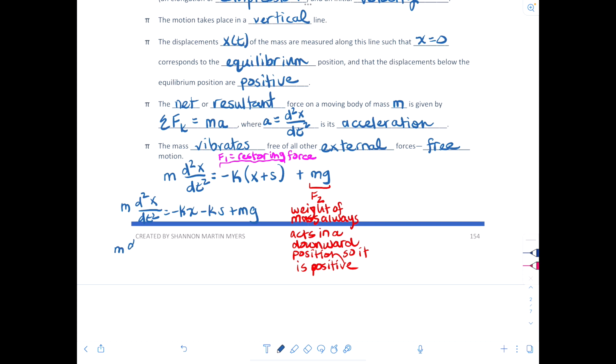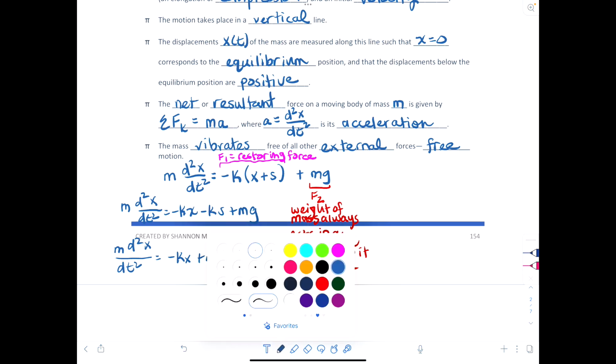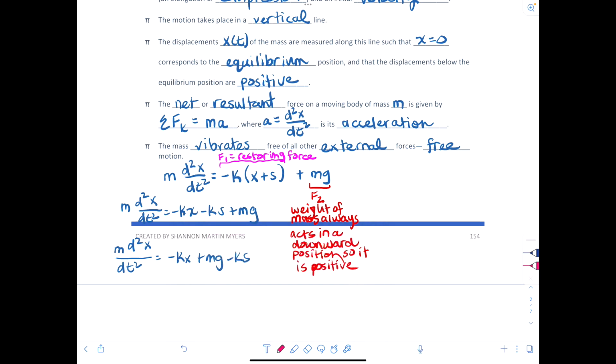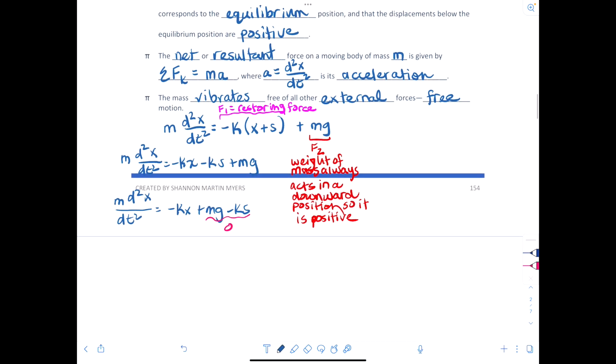So I'll rewrite it so you can see more clearly. And this right here is assumed to be 0. So you get a much easier equation, right? We're basically just going to get the mass times the second derivative of x with respect to t is equal to negative k times x.